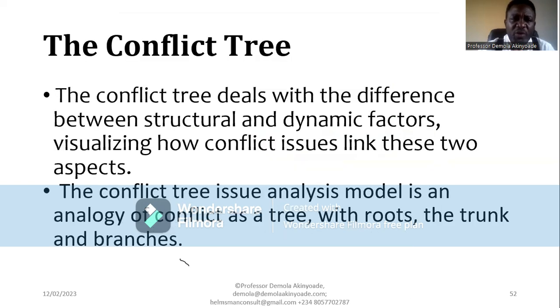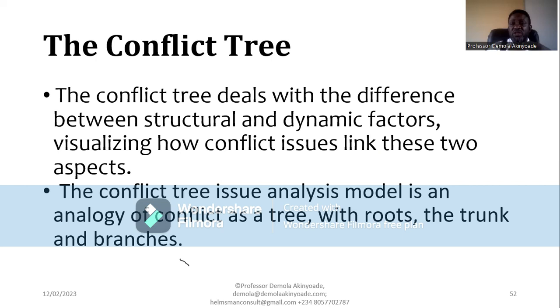So that is what the conflict tree does. It deals with the difference between structural and dynamic factors. It helps us to visualize how conflict issues link these two aspects, the structural and dynamic factors.